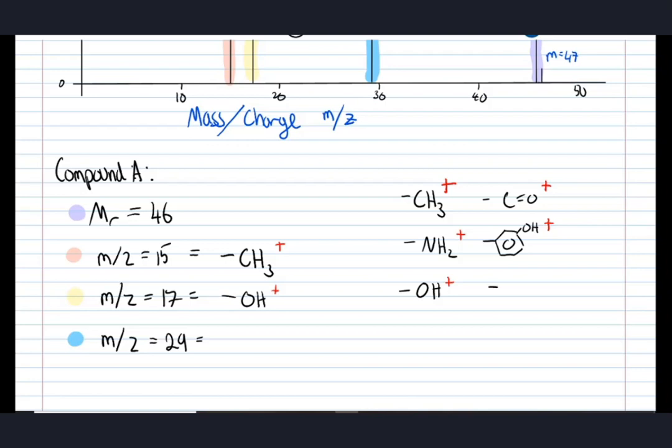I'm thinking, looking at my periodic table, this might be a CH3 group, then with a CH2 group on it. Let's just count that up. Carbon is 12, add 3 is 15, add 12 is 27, add 2 is 29. So I think that our blue peak is going to be a CH3 group followed by a CH2 group. And again, that's a positive ion.